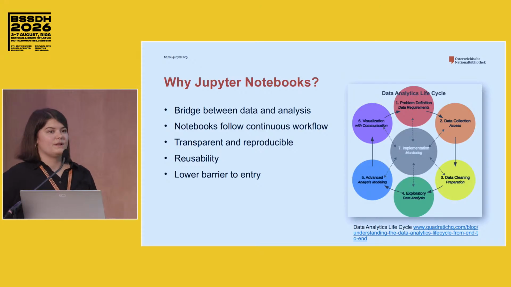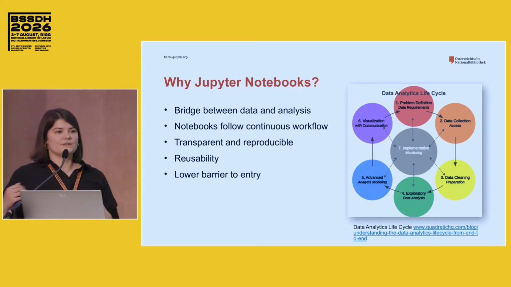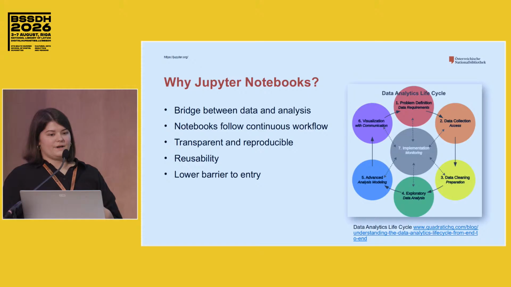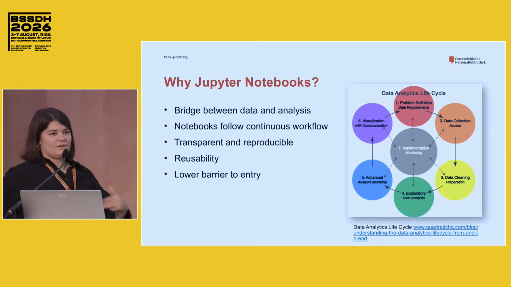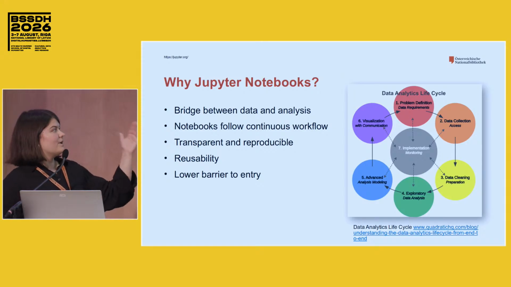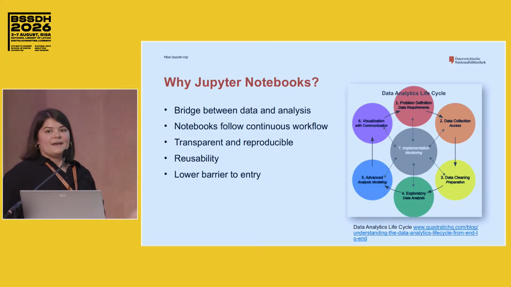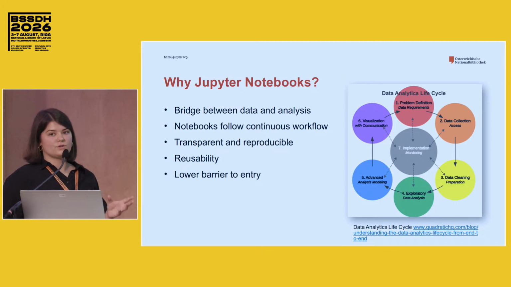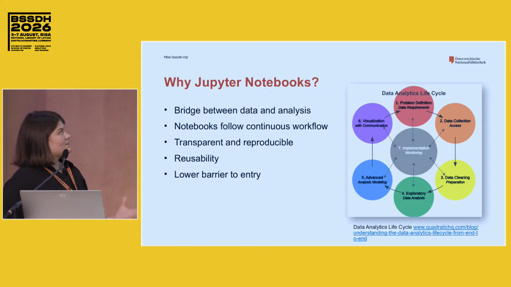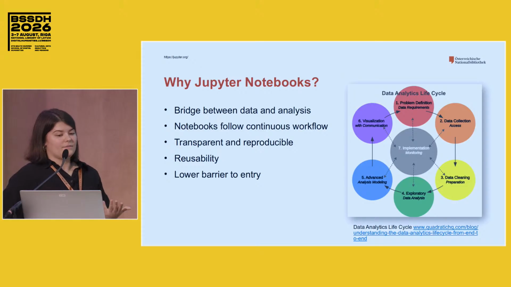You could, for example, like we did it today, do the data cleaning with OpenRefine and then use the clean CSV file and just load it into the Jupyter notebook and start from the third step. So it's a really good template, basically, and you can have the whole life cycle inside of one document, which also has the advantage of being really transparent.